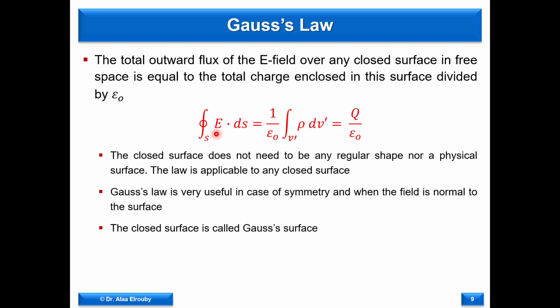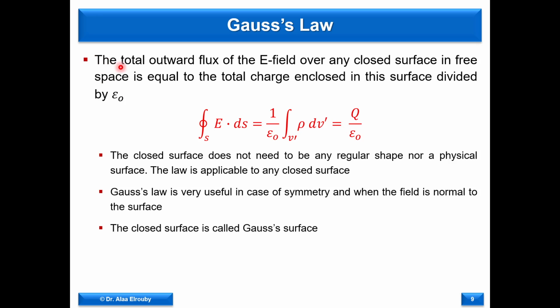Gauss's law specifies that the integral of E dot dS, which is the flux out of any closed surface, equals 1 over epsilon naught times the integration over the whole volume enclosed by this surface of rho, the volumetric charge density, dV prime, which equals the total charge inside this closed surface divided by epsilon naught.